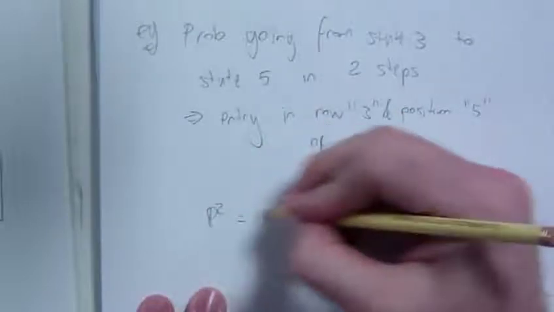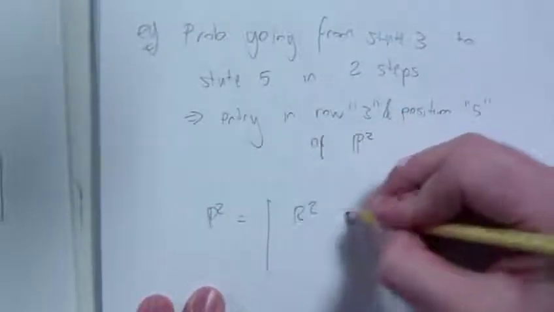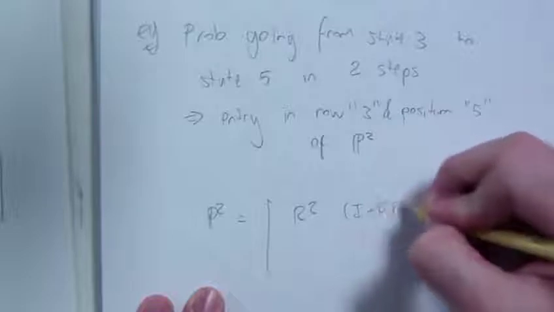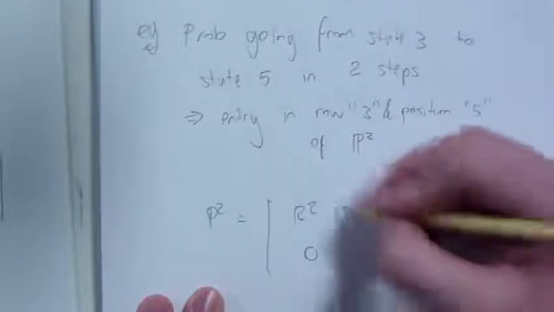It's not column 5, it's whichever column is called 5. It's named after the state. And then the number of steps is the P squared. Okay, so we know that P squared is R squared, I, R S, 0, I.